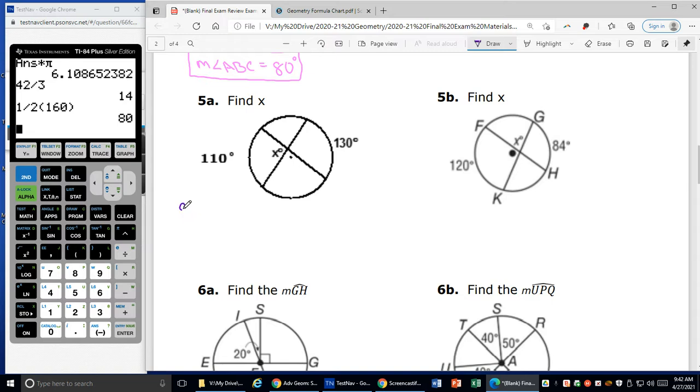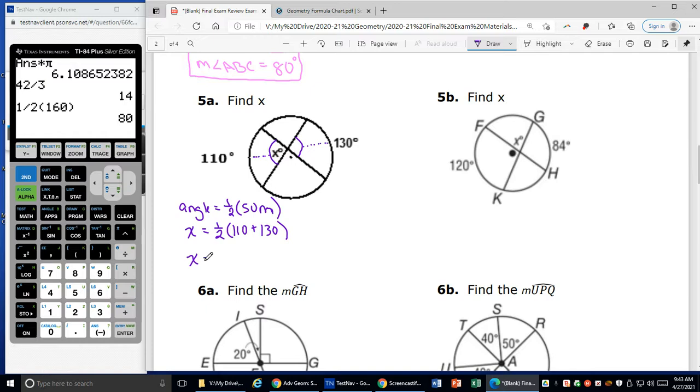The angle is 1/2 the sum of the two arcs. Okay, so this angle, X, which is the same on both sides, is 1/2. If I come out of X, I hit 110 on one side, plus 130 on the other side.